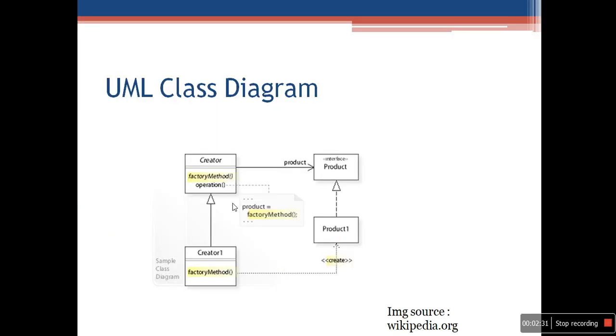Now what would be the subclass for this creator? Creator 1, creator 2, creator 3. These classes would decide which product to call, or which object of a particular class to instantiate. All right.